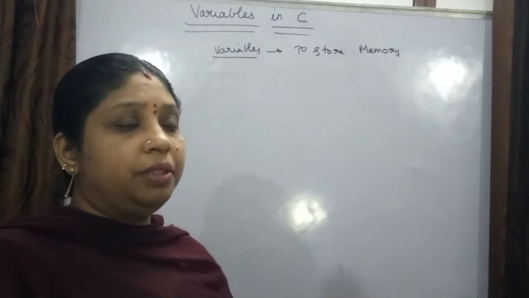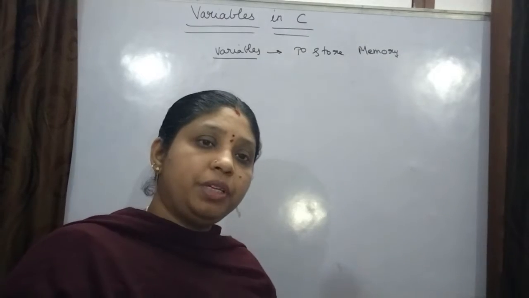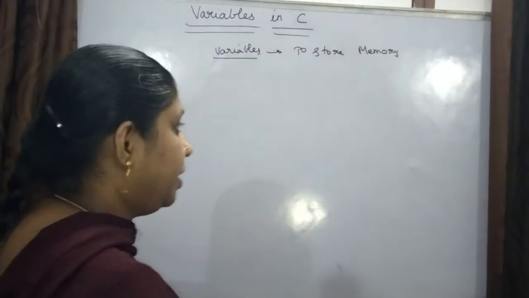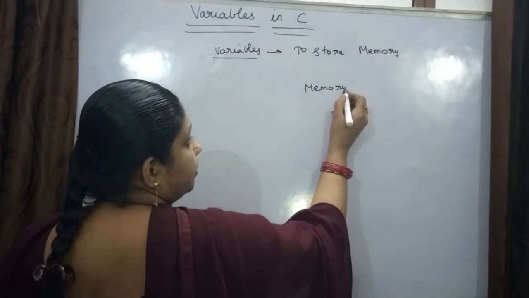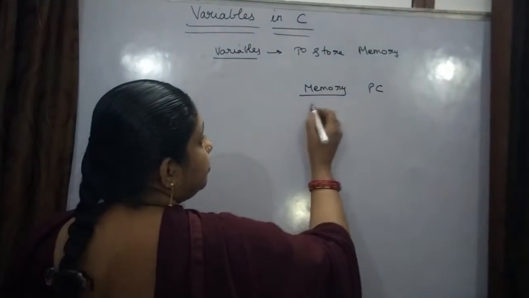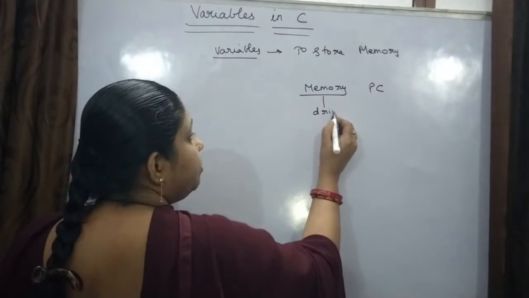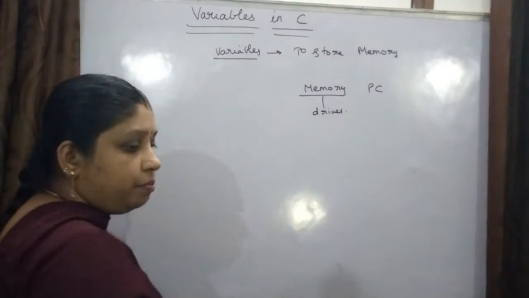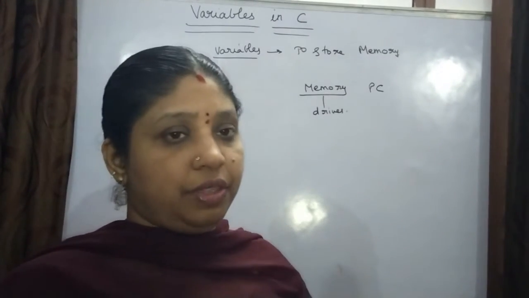I'll give one example. Our computer drives. In every PC you have a memory, right? You have memory for the computer, for the PC. So in this PC you have drives. Why is my computer hard disk divided into drives?